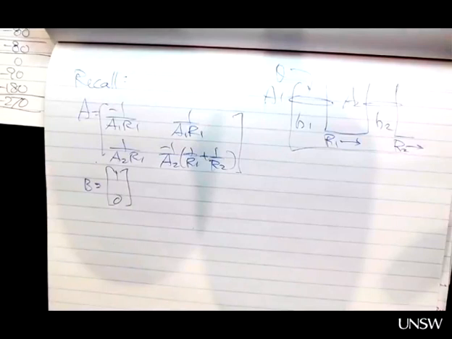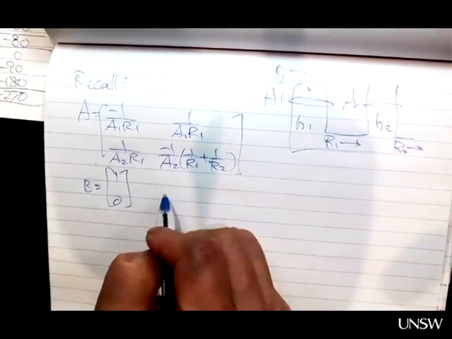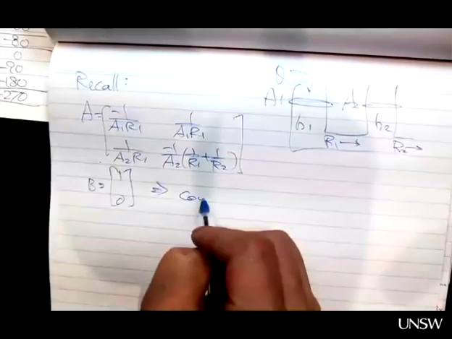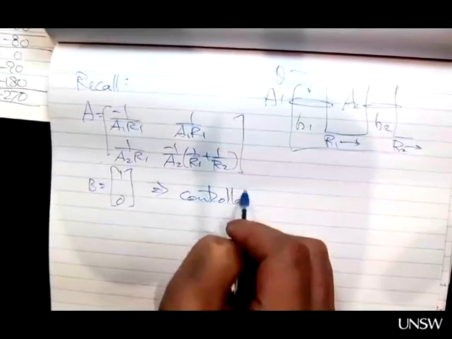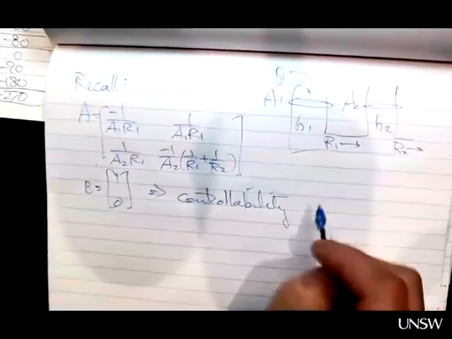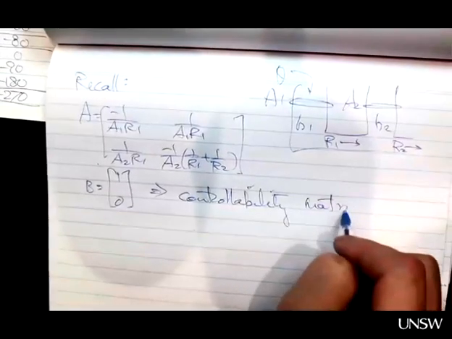Then the controllability matrix becomes B, AB.